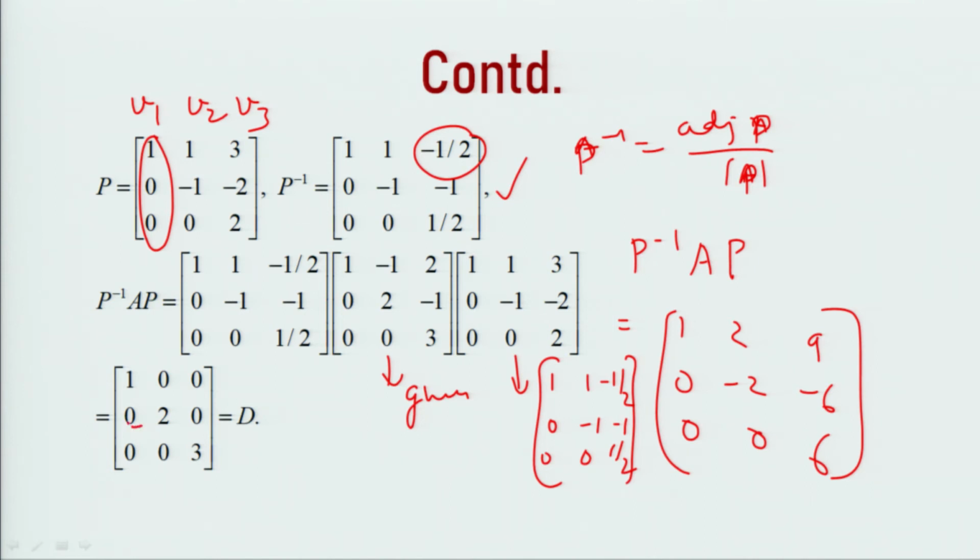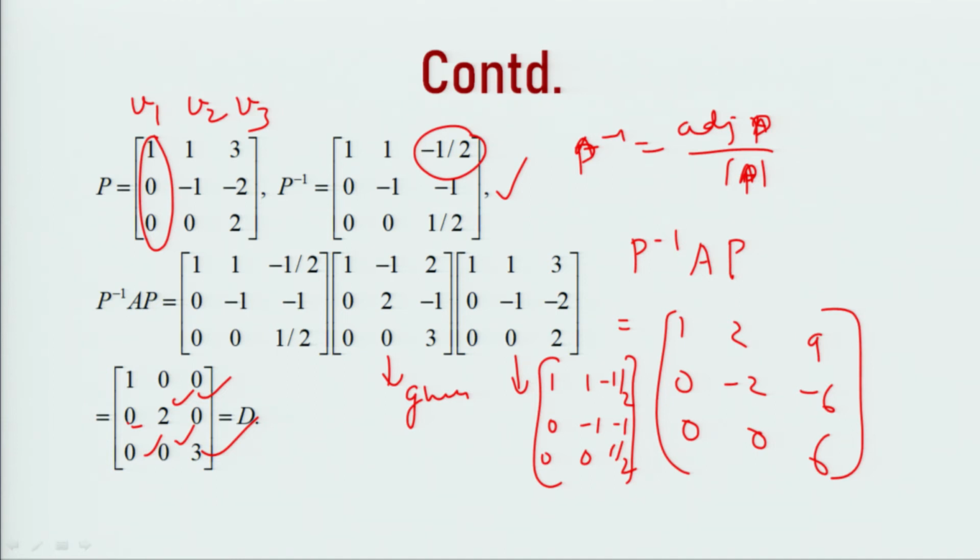This is 0, 2 and 0, and 0 into 9, 0 plus 6 minus 6, we get 0. Similarly, we multiply the third row into the first column: 0 into 0, 0, and minus 6 into 0, 0, and this is 3. So, we get a diagonal matrix in this case.